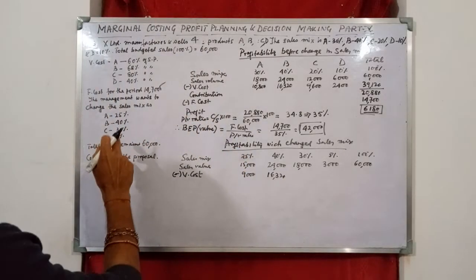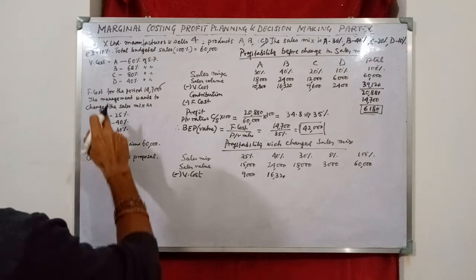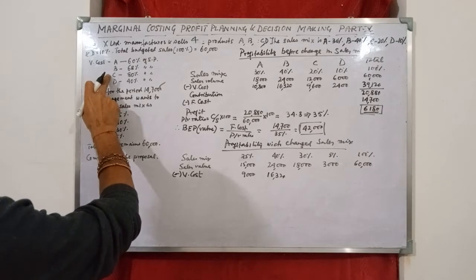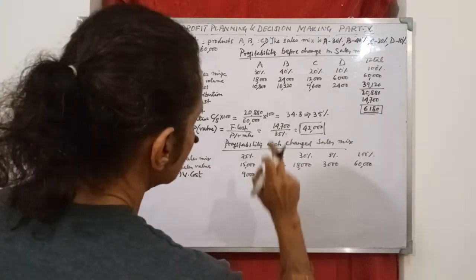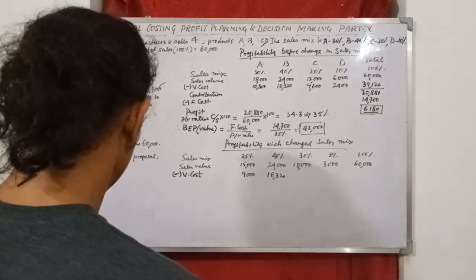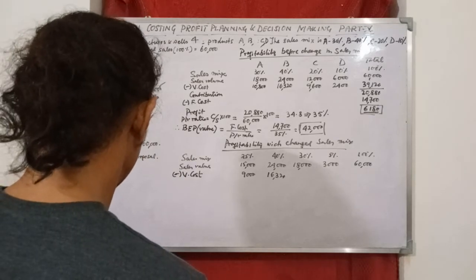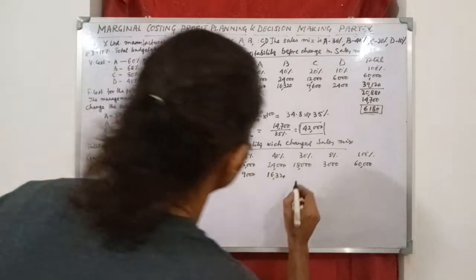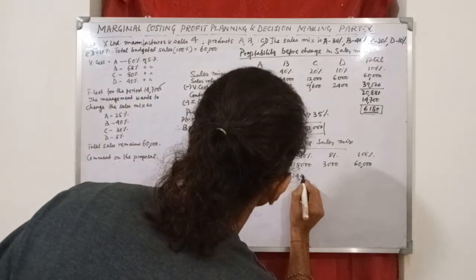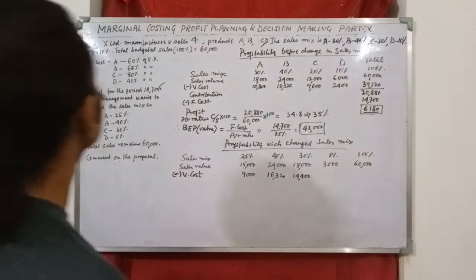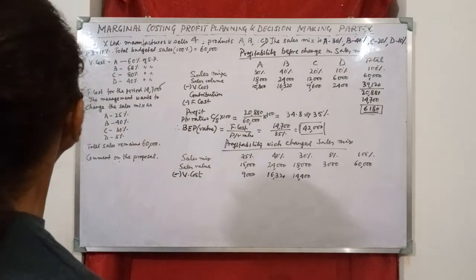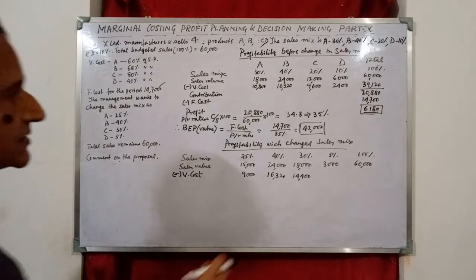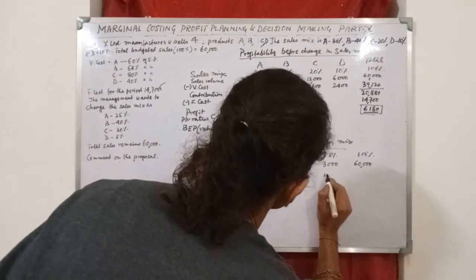Next, for C it is 80% of selling price, that is 80% of 18,000. That is 14,400. And finally the variable cost of D is 40% of selling price, that is 40% of 3,000, that is 1,200.